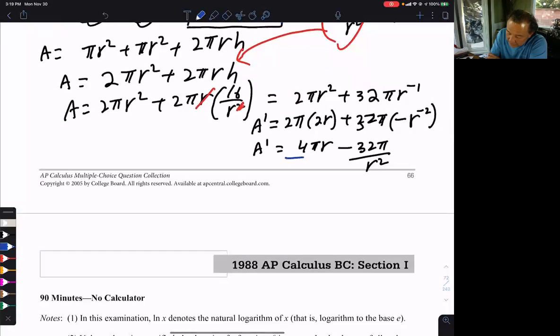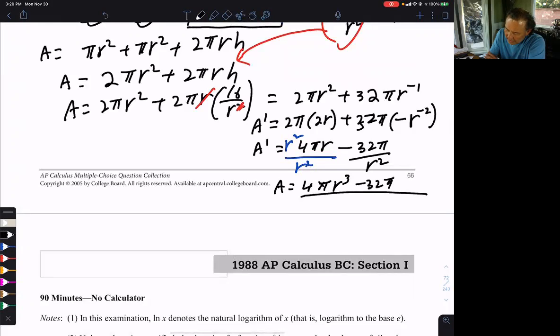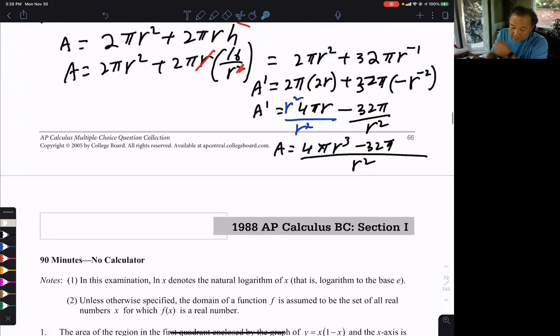Let me combine these two. I want to get a common denominator of r squared. So I multiply the top and bottom by r squared. So I get 4 pi r cubed minus 32 pi over r squared. So I had a common denominator of r squared, so I put that there. Now I set the top equal to 0 to find the critical point, that's derivative. 4 pi r cubed minus 32 pi equals 0, because that's a critical point where the derivative equals 0.